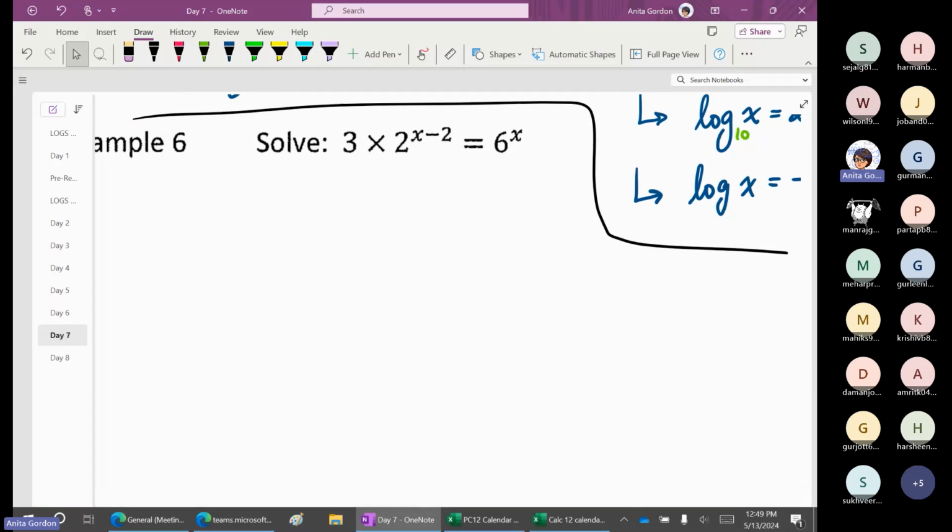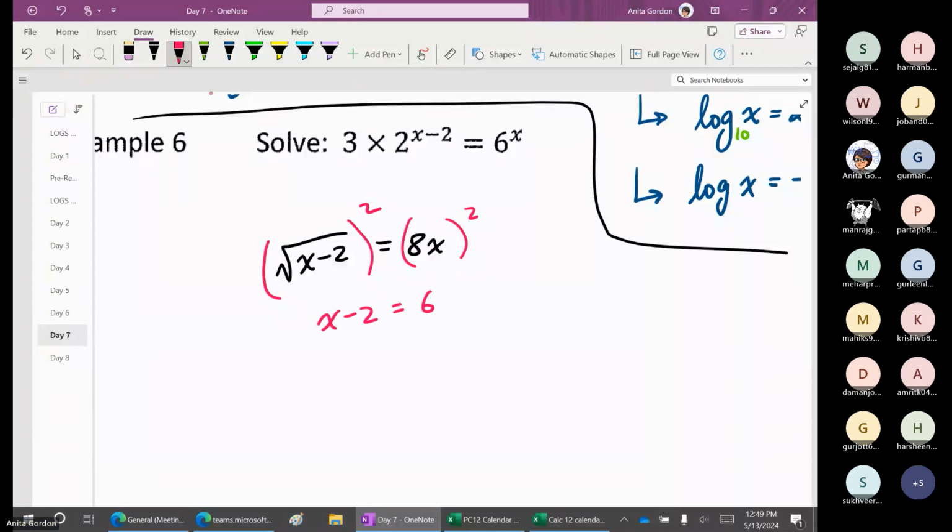So I want you to think of the time in Unit 2 where we solved radical equations. Do you remember when we had something like this, where we had the square root of x minus 2 equals 8x? And the way that we solved this kind of question was to square both sides. And then we got x minus 2 equals 64x squared. Do you remember how we did that in Unit 2? Okay, we're going to do the same thing, but now instead of squaring everything, we're going to log everything.